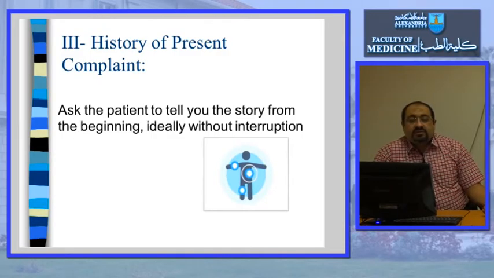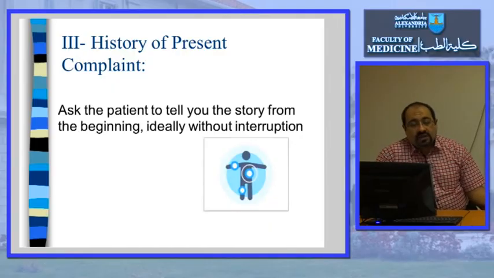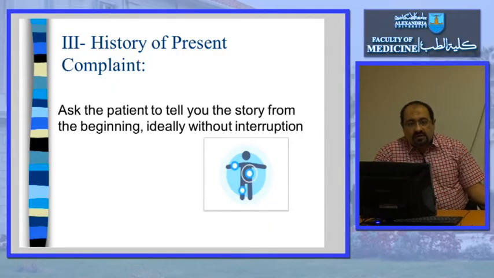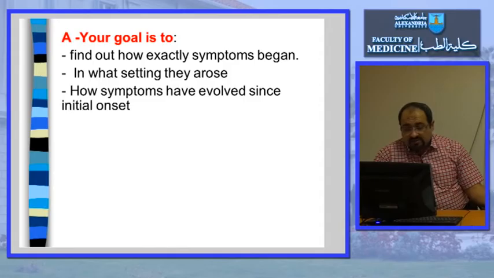For example, if the patient is complaining of chest pain, there are many causes for chest pain, but by the end of the history, you should come up with at least one or two differential diagnoses, that the chest pain of this patient is either due to this or this, and then I need to do an examination or proceed with certain investigation to specify or to confirm the diagnosis. So we should ask the patient about the details of the complaint and about the story of the patient's complaints.